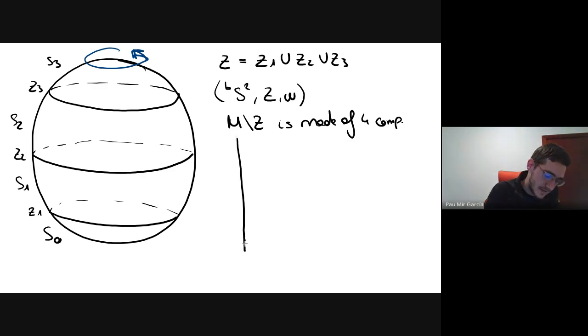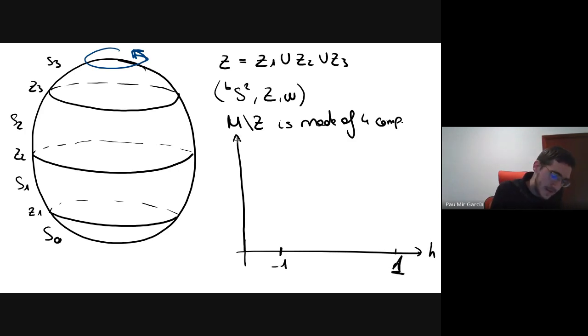Let's still assume that we parameterize it from -1 to 1 in the h coordinate. And let's say that the moment map at each Z goes to infinity. We know this is proved, for instance, by Eva Miranda here, that the moment map at the singular hypersurface goes to infinity.